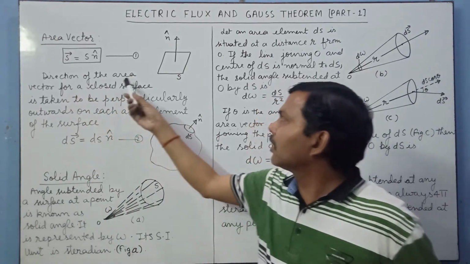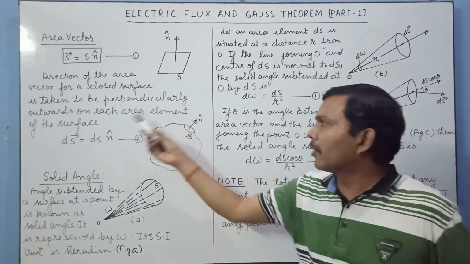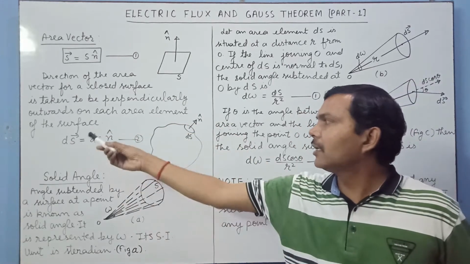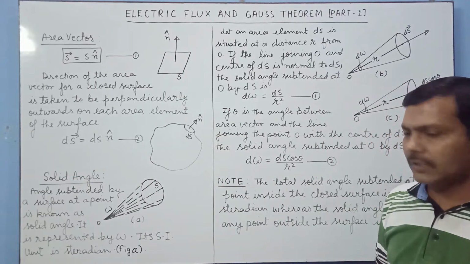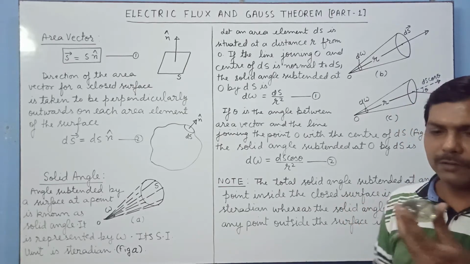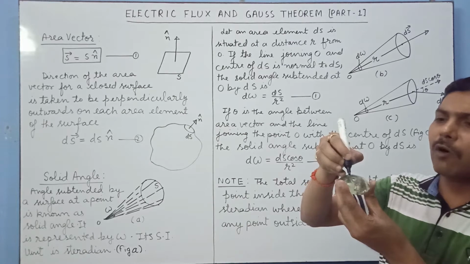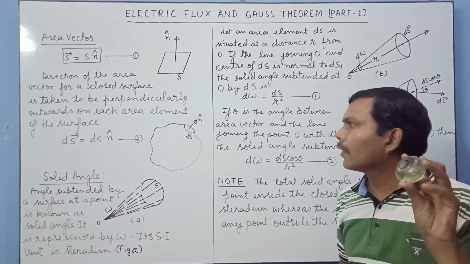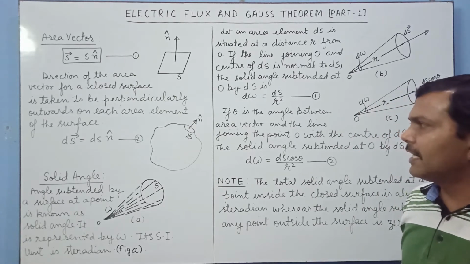Now direction of area vector for a closed surface is taken to be perpendicular outwards on each area element of the surface. Suppose that this is a closed area like this, and there is an element, means a small area of this surface like this, and we want to define the area vector.